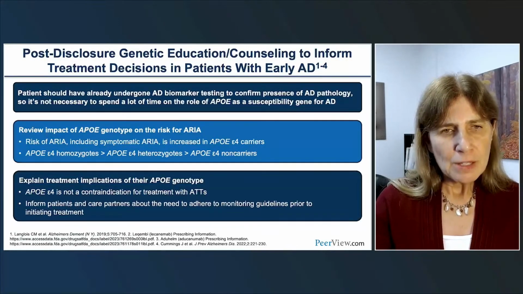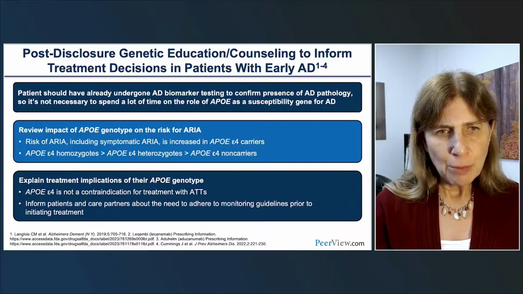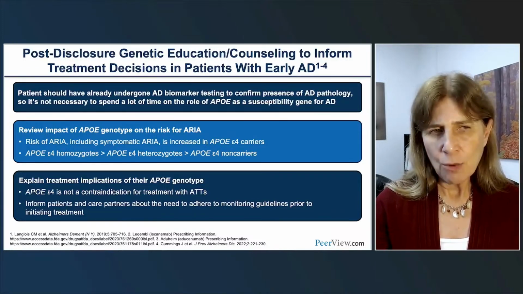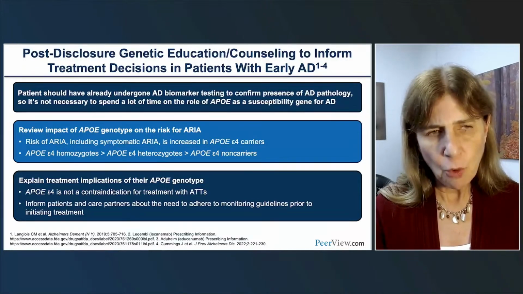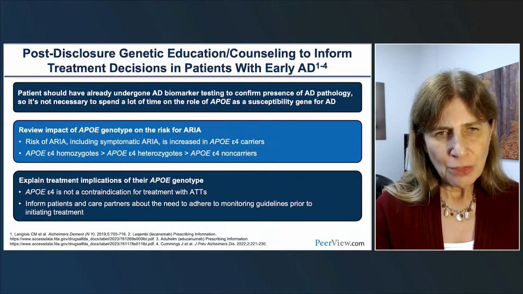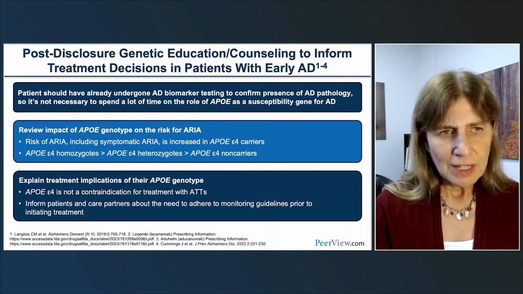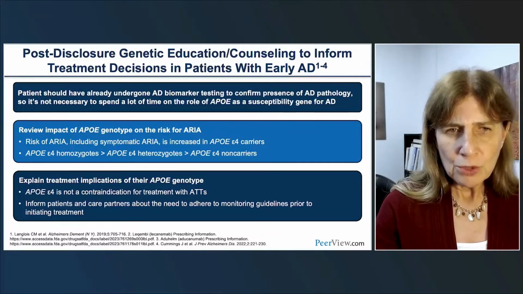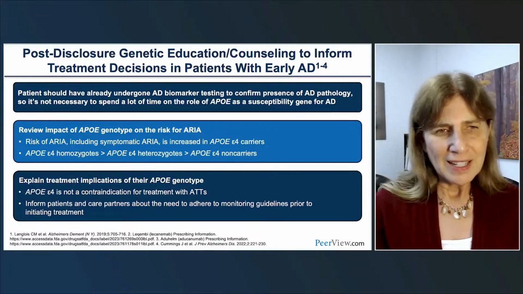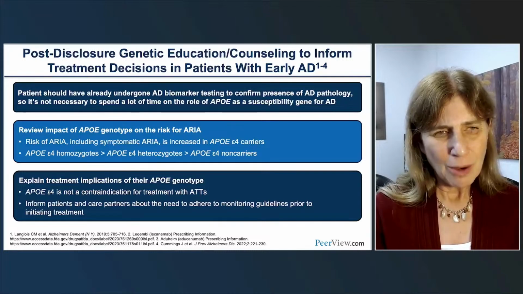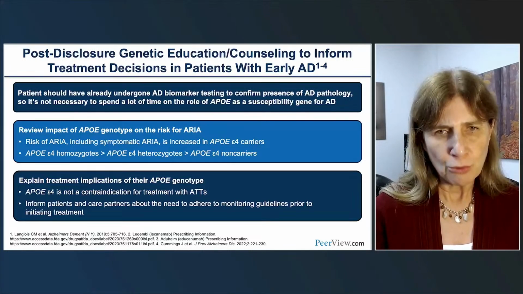Because we are focused on ApoE testing as a way of informing risk-benefit for amyloid-targeted therapies, we're not dealing, as Eric already mentioned, with using ApoE in the case of treatment options to inform risk of Alzheimer's.